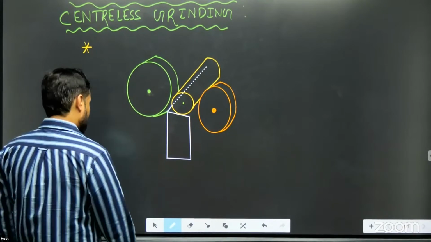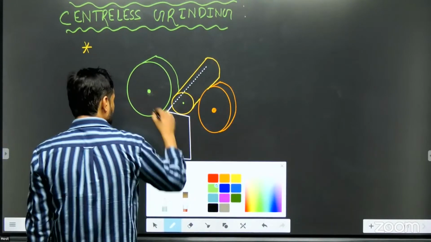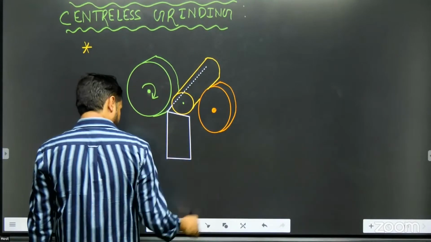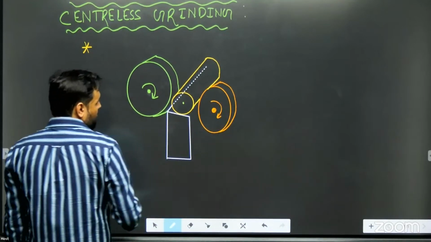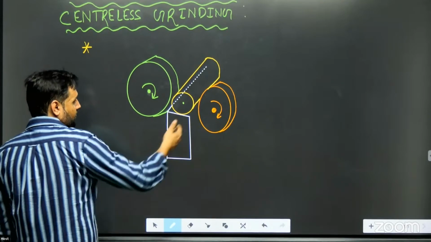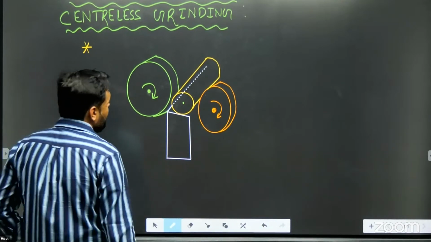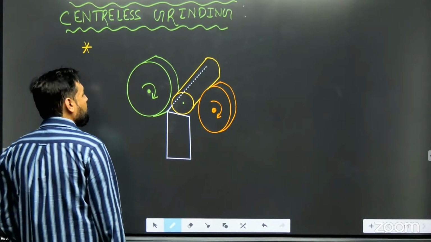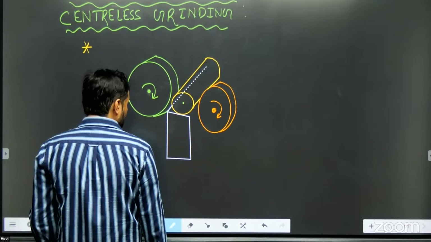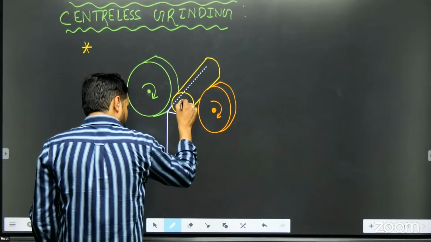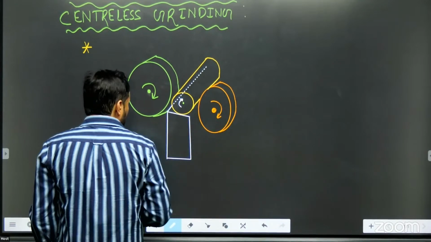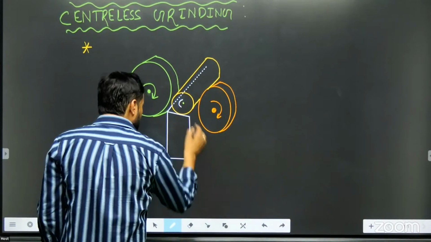So you know this grinding wheel is rotating in this direction. This wheel, named as the regulating wheel, is rotating in that direction, and this workpiece is rotating in this direction.